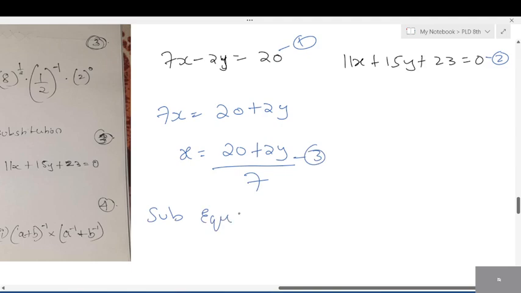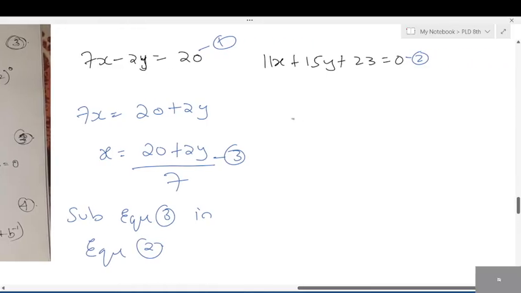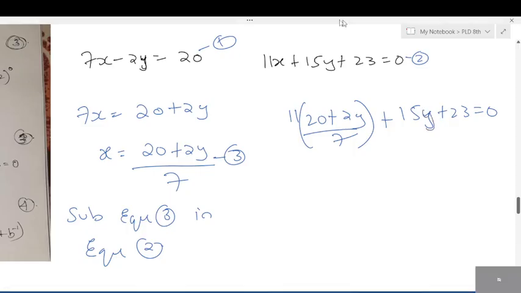Substitute equation 3 in which one? Equation 2. If you substitute, what will you get? 23 is equal to 0.